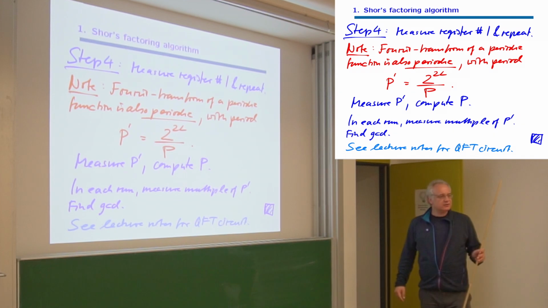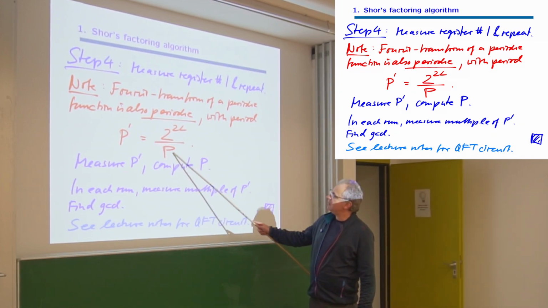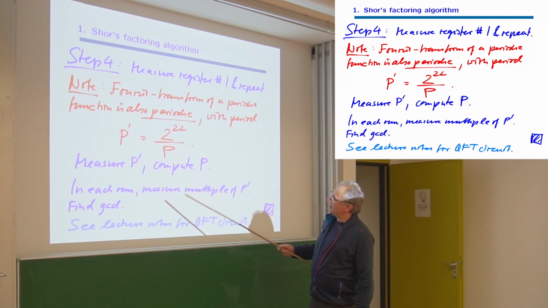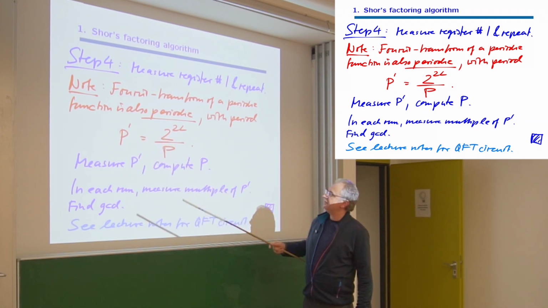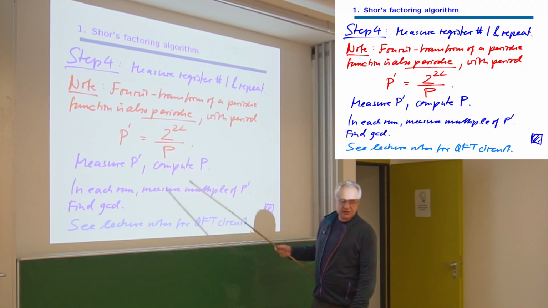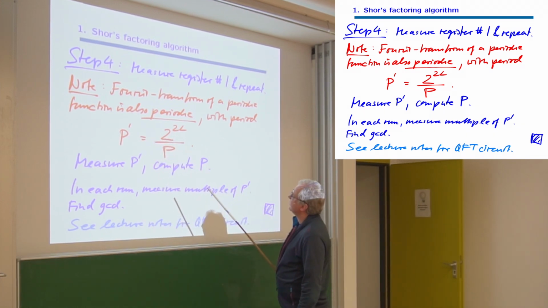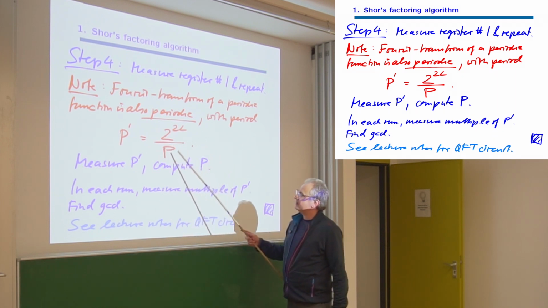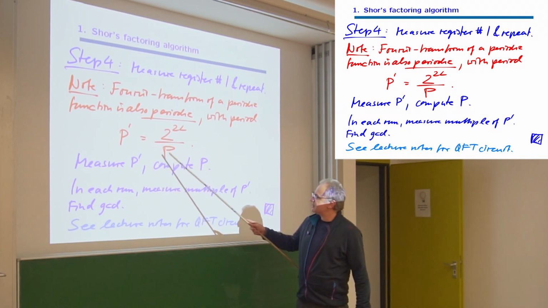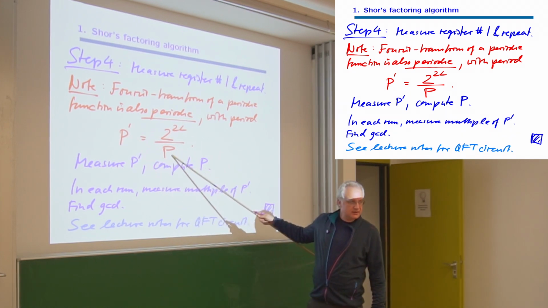But the period has also changed. The period P that we had before relates to the period that we now have in this reciprocal fashion. So this is the period that we'll measure, and this is the period that we care about.